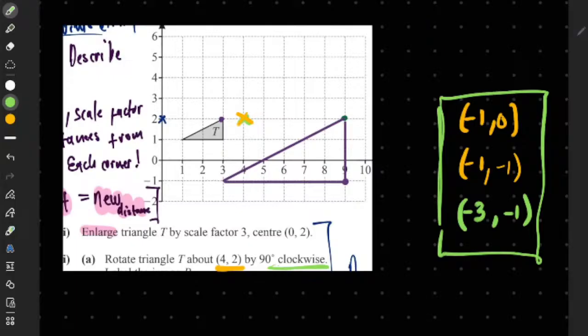So here is where you can make a mistake. Listen. If you are rotating 90 degrees clockwise, you are going to flip this page anti. If you are rotating anti, then you're going to flip the page clockwise. I didn't say the shape. I said the page.